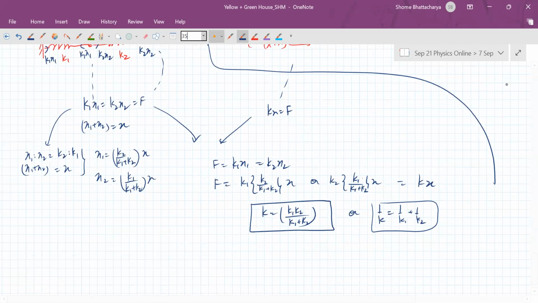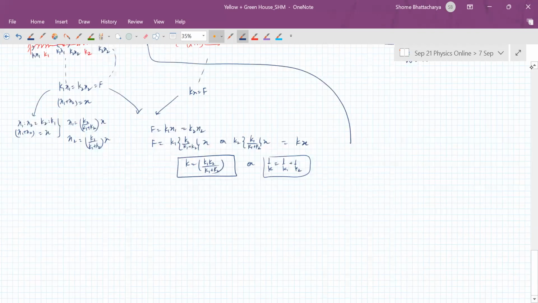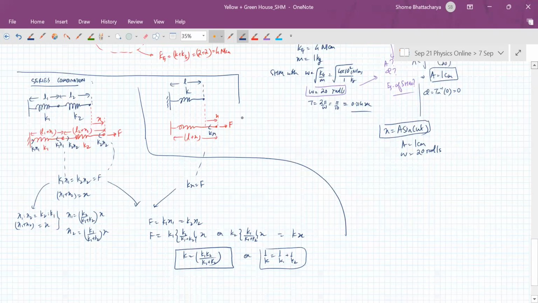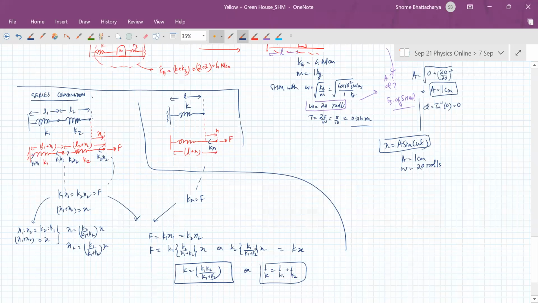So I'm sure you have seen this before in system of particles, work energy, etc. But in case you need to recall this concept of series combination, you can quickly make a run through of this.